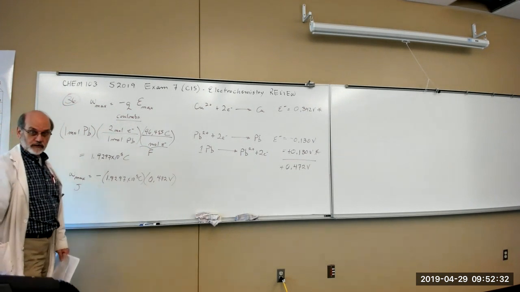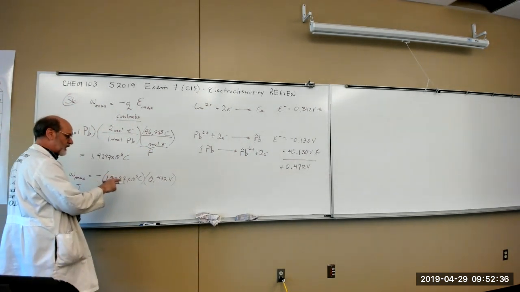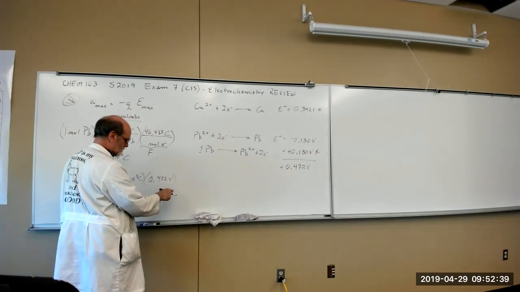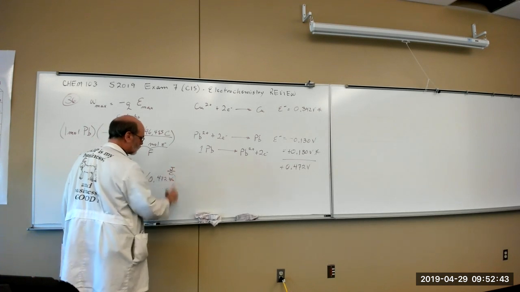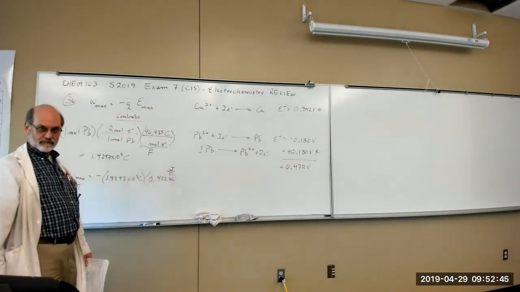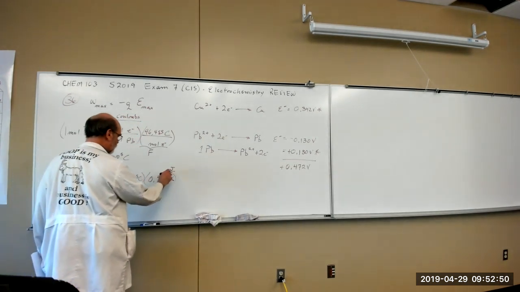It's going to be in joules. So in order to get joules out of this, we need an equivalent value for volts. And the equivalent to volts is joules per coulomb. They're equivalent. So now the coulombs cancel and leaves us with joules.